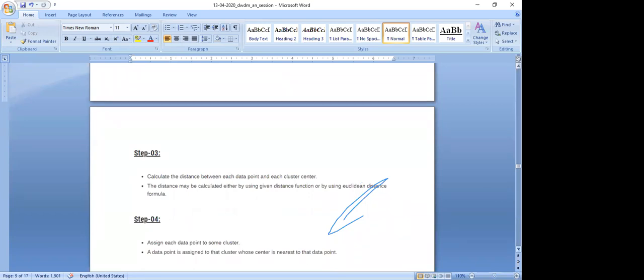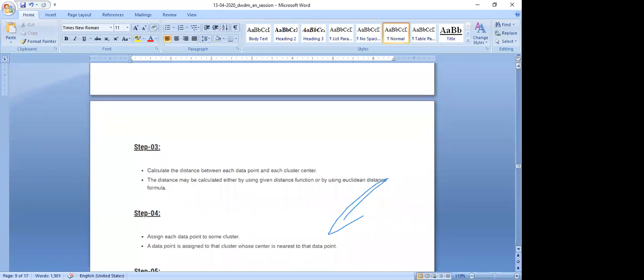A data point is assigned to the cluster whose center is nearest to it. That means after calculating all the data points, they should be moved to some cluster, using the Euclidean distance. The data point will be moved to the particular cluster whose Euclidean distance is less.